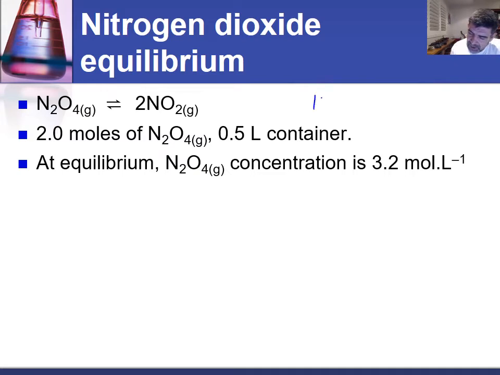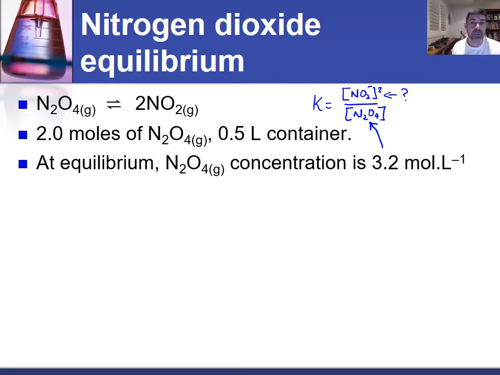The key to the expression is going to be equal to concentration of the products, which in this case is NO2 squared, over the concentration of N2O4, that is our expression for the equilibrium constant. We can put this value directly in. We already know what it is, but we don't know what this one is. This is a mystery. We've got to work it out.